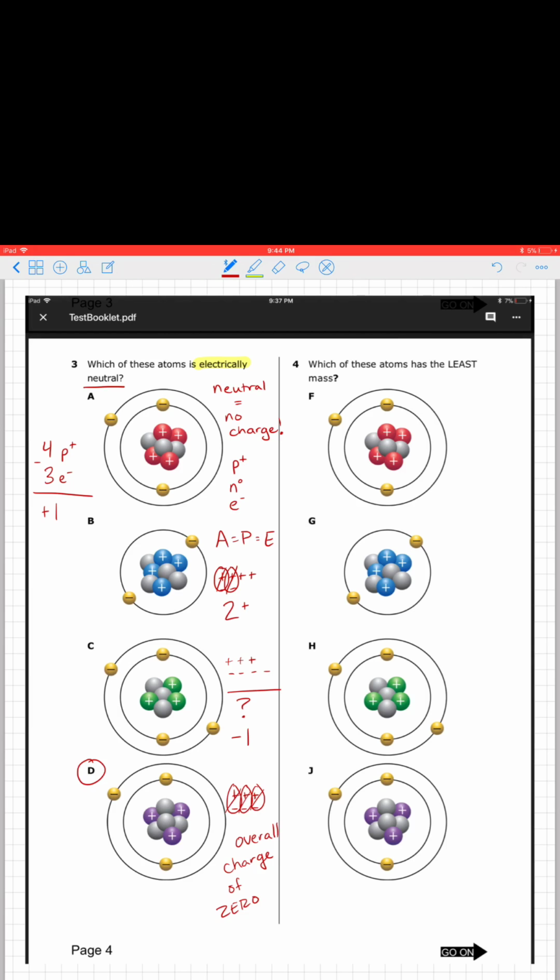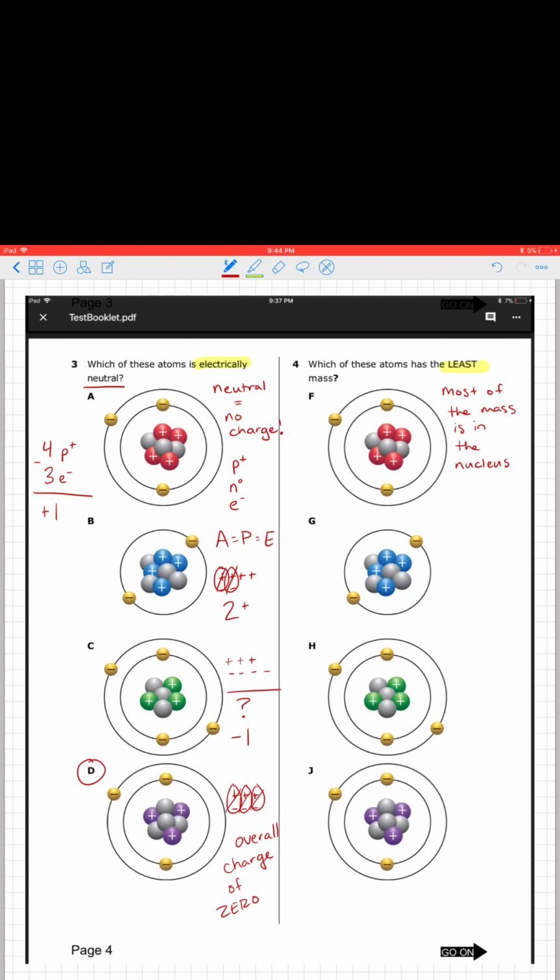Number 4 says, which of these atoms has the least mass? So we're looking for which one has the least mass. We know that most of the mass of an atom is found in the nucleus. So most of the mass is in the nucleus.